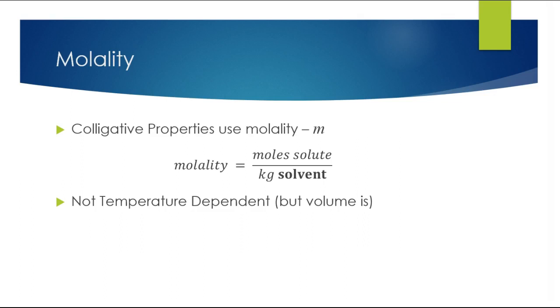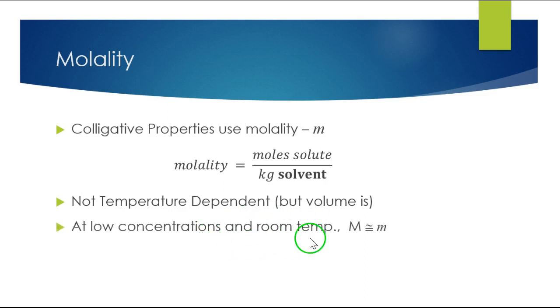So molality is not temperature dependent. But at low concentrations and at room temperature, the molarity is almost equal to, if not equal to, the molality. All right. We're not going to do a whole lot with molality, so I'm introducing it here so you understand what it is, but we're not going to do problems with it.